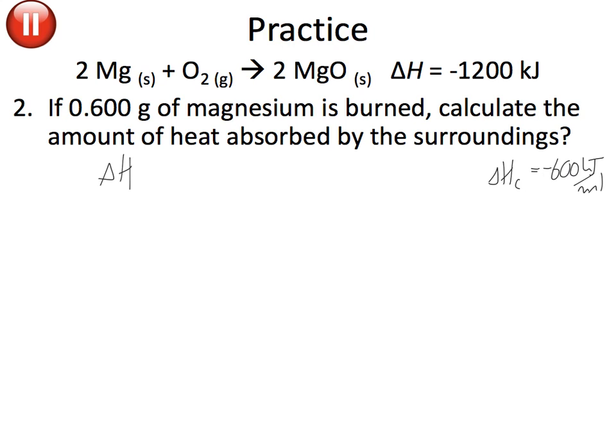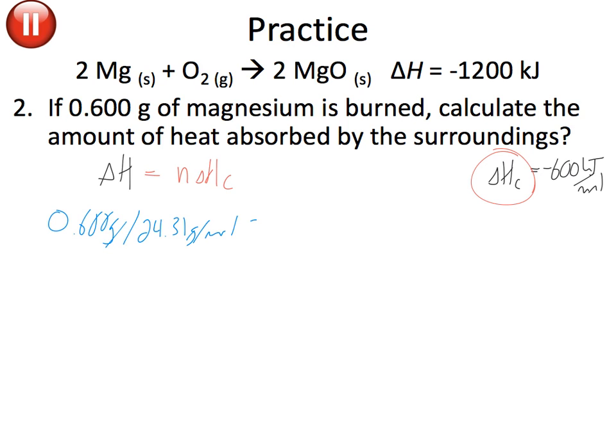So that answers one thing. Okay, because remember delta H is equal to n delta H, in this case C. So we have our delta H_C, however we don't have our n. Well, again, if you look at this a little bit more, you'll see that we have a certain value for the amount of magnesium that's being burned. To take this amount and get it into moles, we just divide by the molar mass of magnesium. So let's do that. We have 0.600 gram, and we divide by the molar mass of magnesium, which is 24.31 grams per mole.